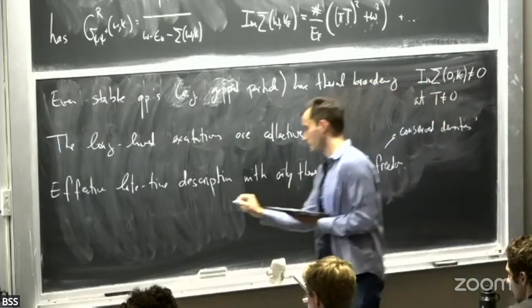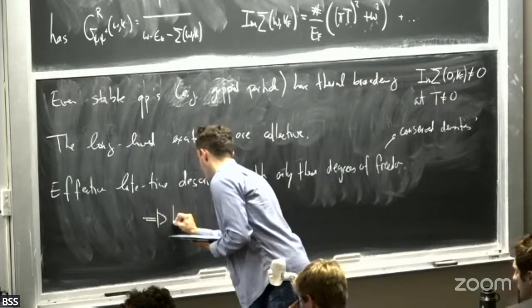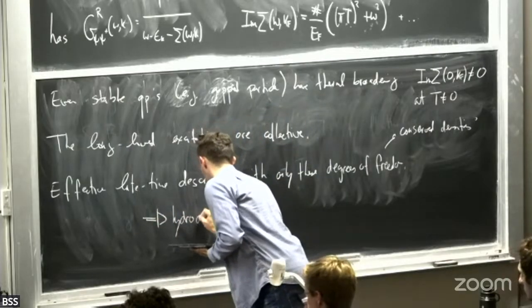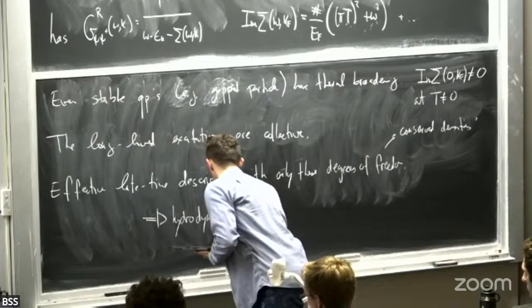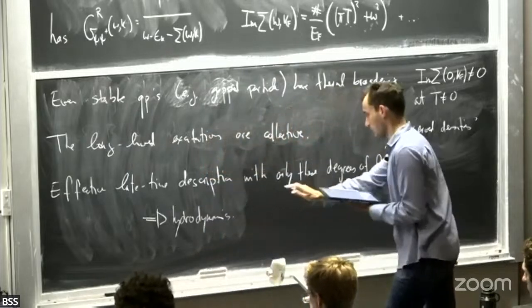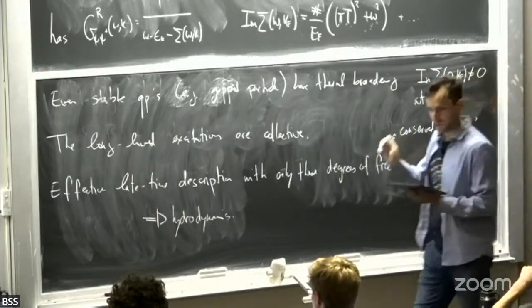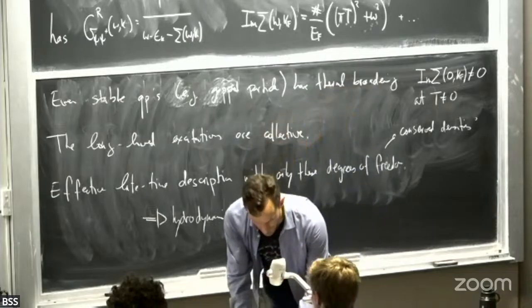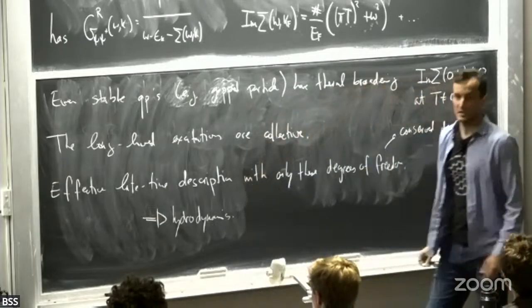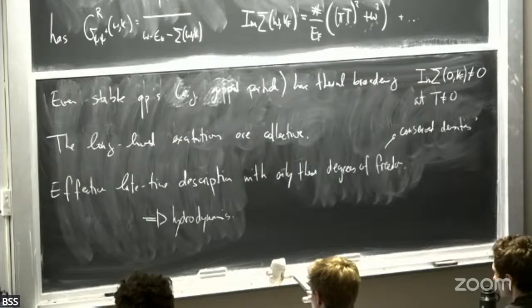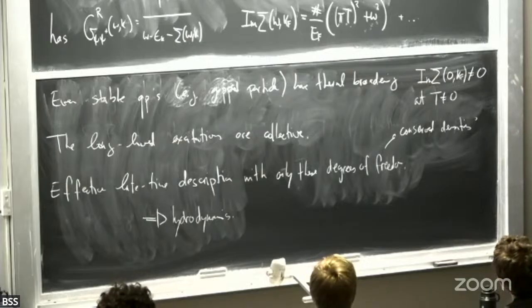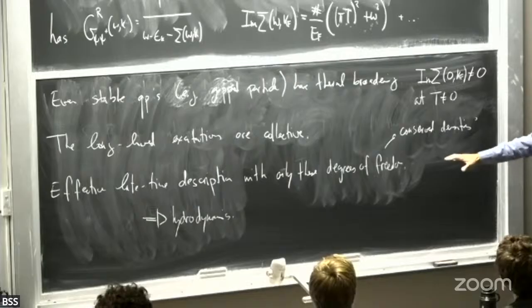And this is what I will be calling hydrodynamics. So maybe an important point is that I'm not assuming momentum is conserved. I just need one thing to be conserved, let's say energy density. So it's a very general statement. In any interacting system, at finite temperature, at late times, you expect it to be described by an effective description of these densities.